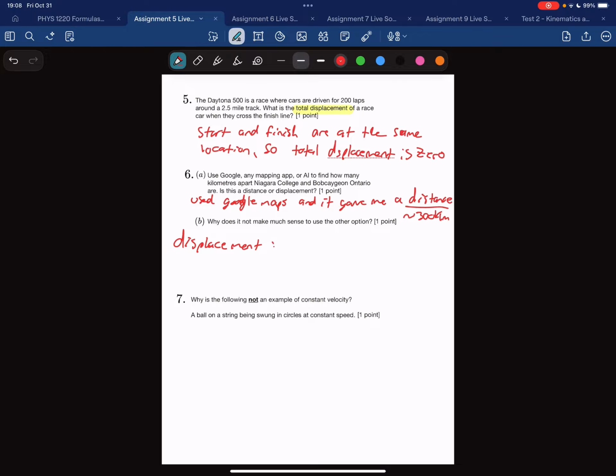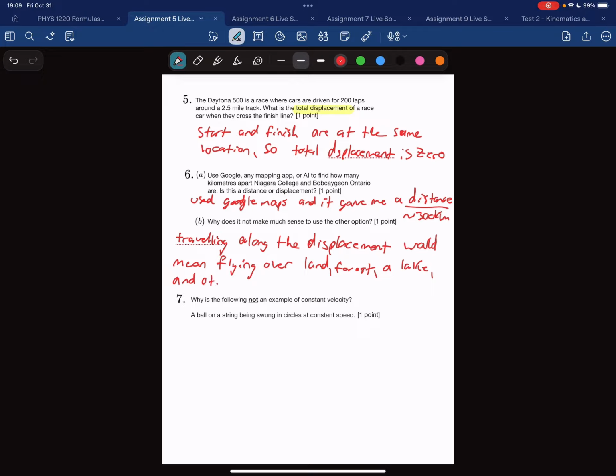So traveling along the displacement would mean flying over land, forest, a lake, and other obstacles.